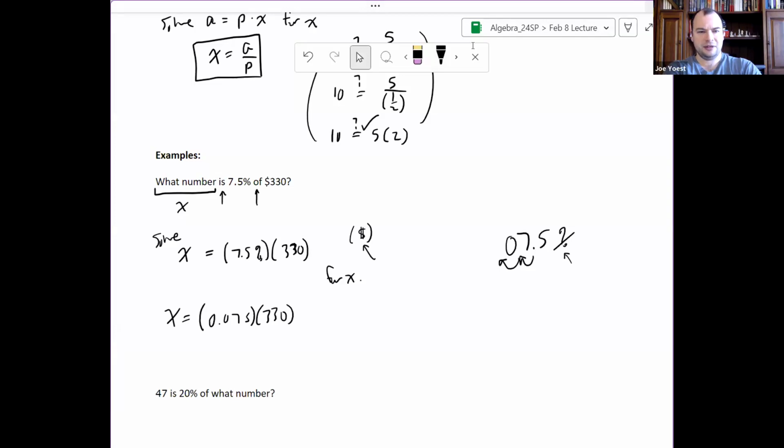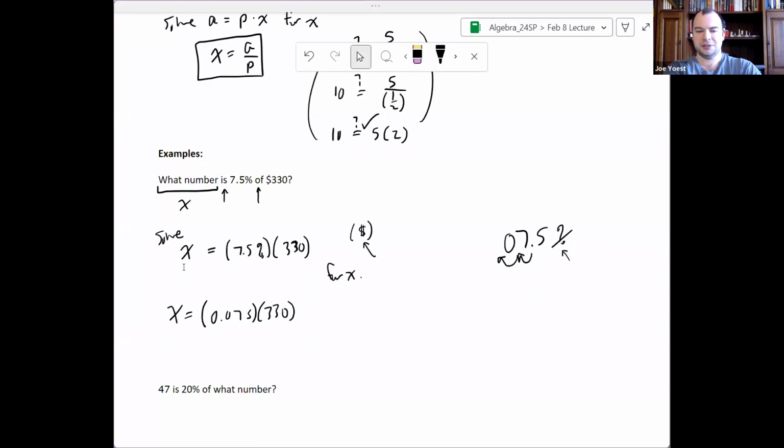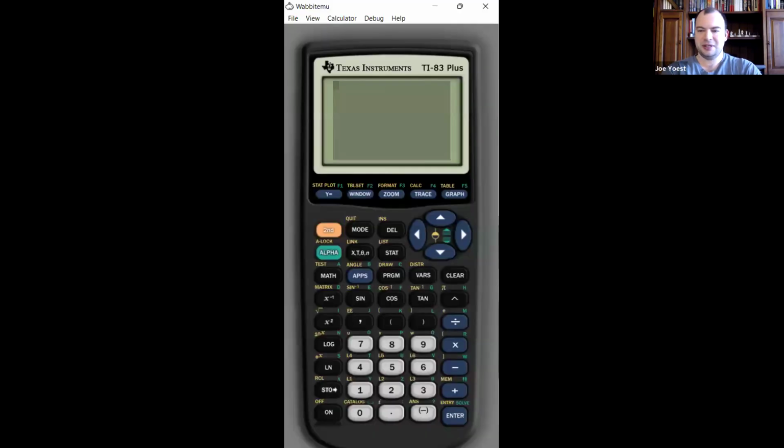And for, I think, the first time in the course, we are going to jump over to the calculator. We don't want to be dependent on the calculator. We don't want to use the calculator as a crutch. But in a problem like this, I could come over here and do 330 times 0.075, but that's going to take quite a bit of time.